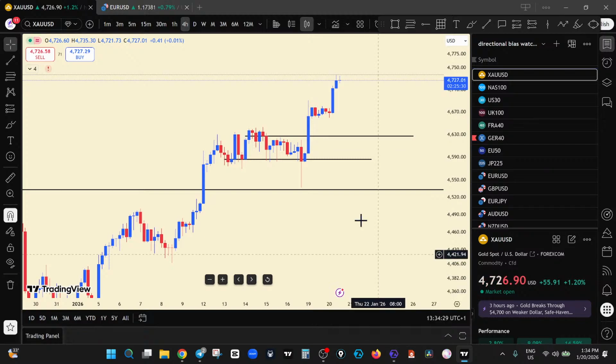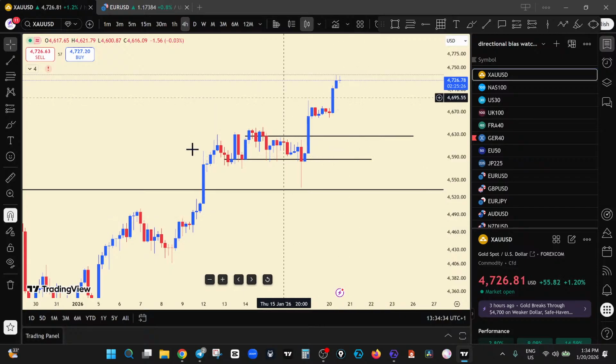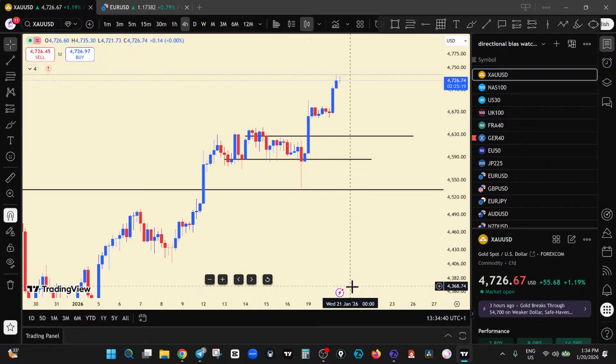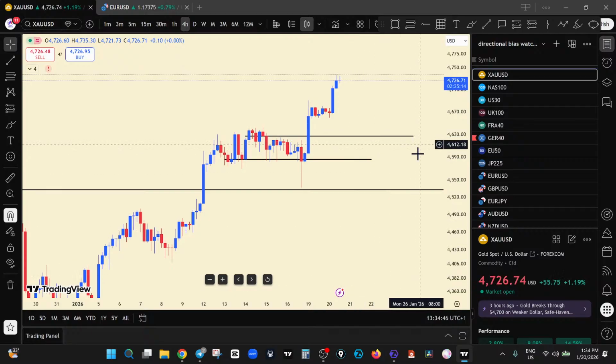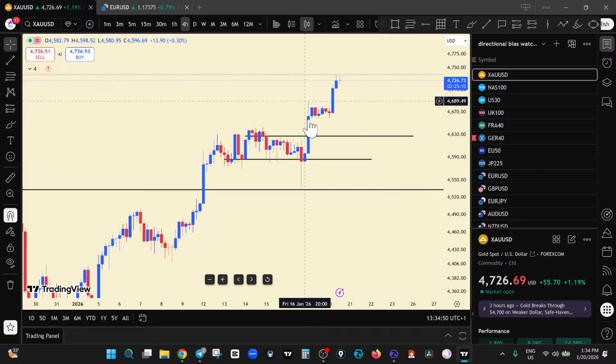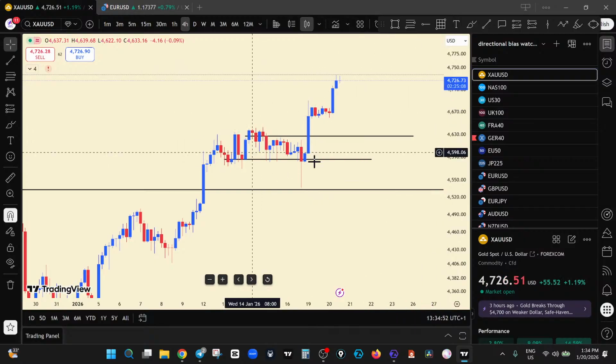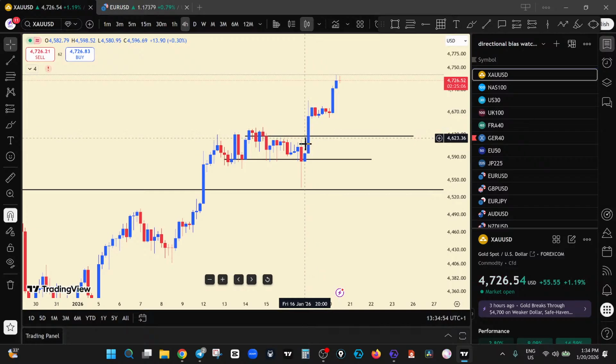Now, first of all, for you to trade order flow, I will recommend you download ATAS trading platform from the link in the description, because that is the platform you are going to use to trade order flow. Using TradingView is not that accurate.